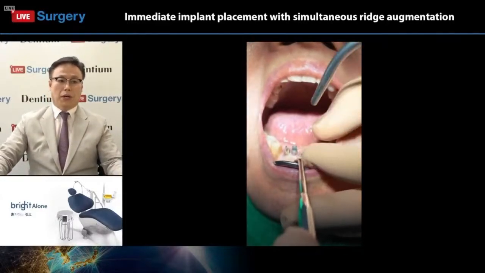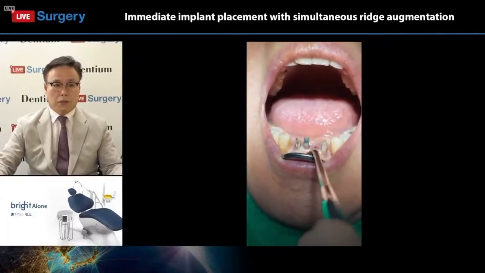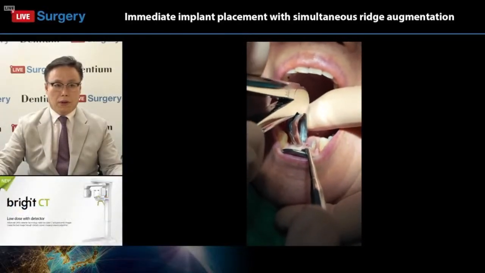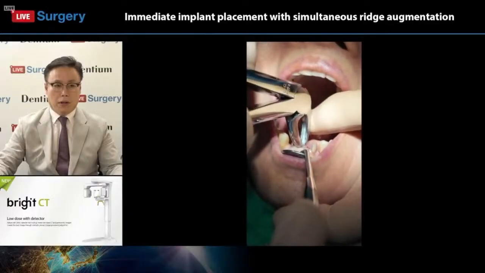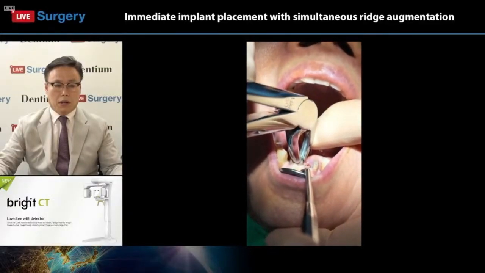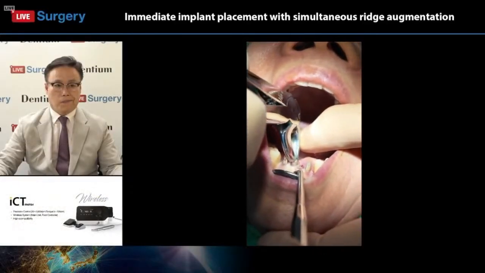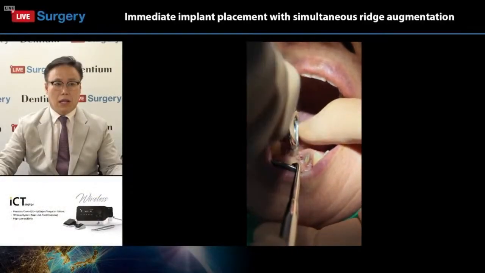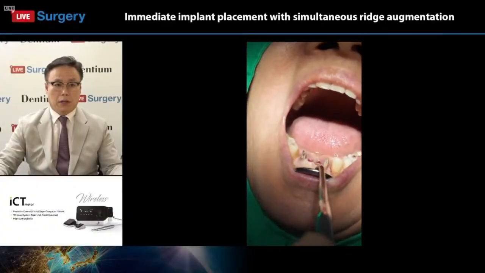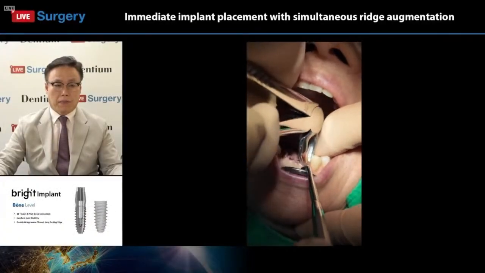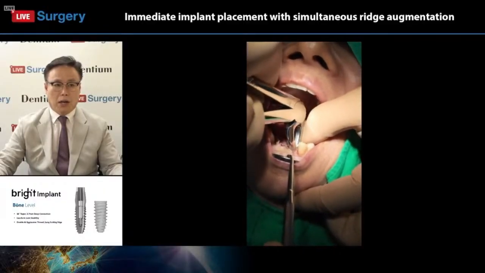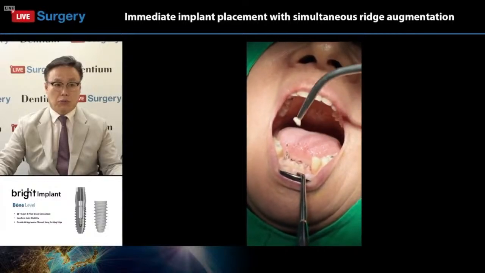So we remove the old restoration and extract the tooth. Instead of the elevator, if possible, I think using the forceps could be a good choice for minimizing the trauma after tooth extraction.